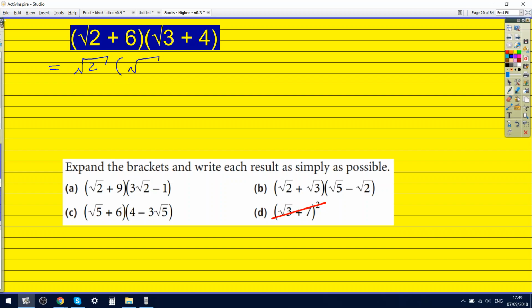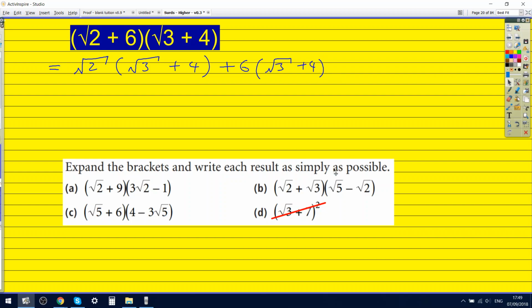Second bracket, root 3 plus 4. Oh, and then? This is plus 4 again. No. Would you need to put in the 6 somewhere? Yeah, plus 6. And then is that it? Times second bracket again.